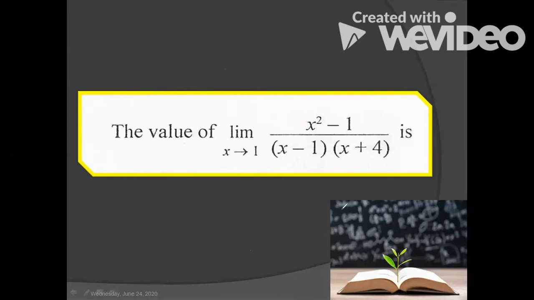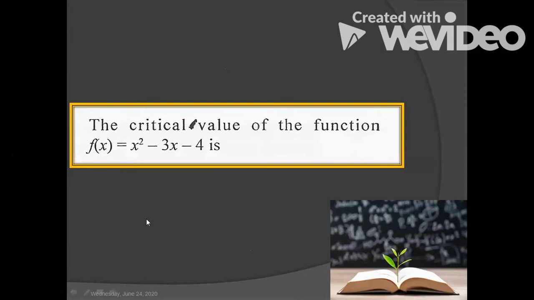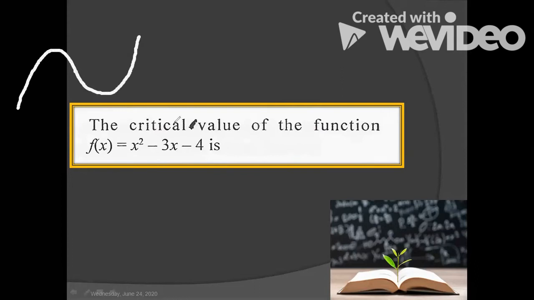So moving on to the next question. The question says, the critical value of the function is... Let me try to explain something here. Let us say we have a curve, or a function like this.